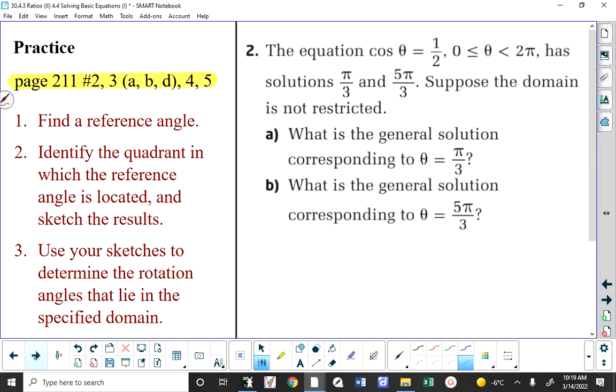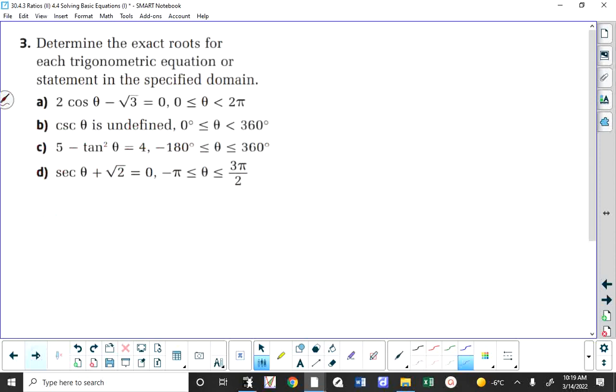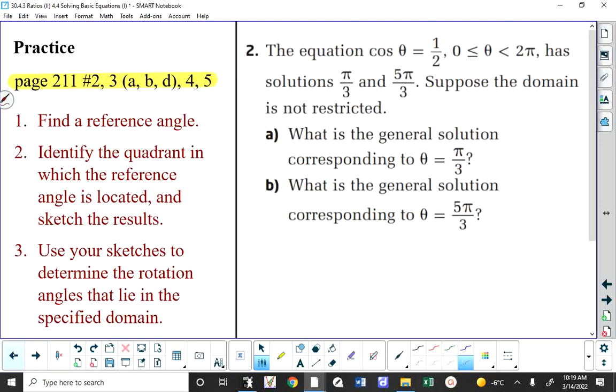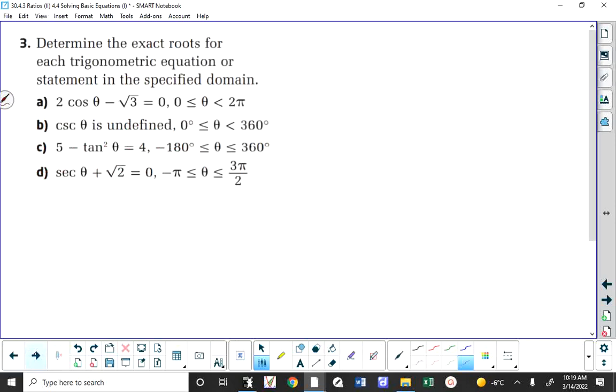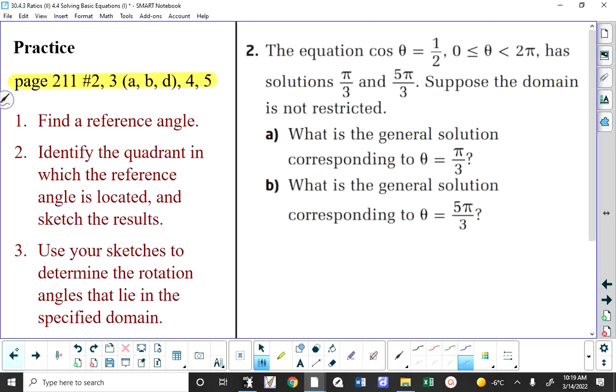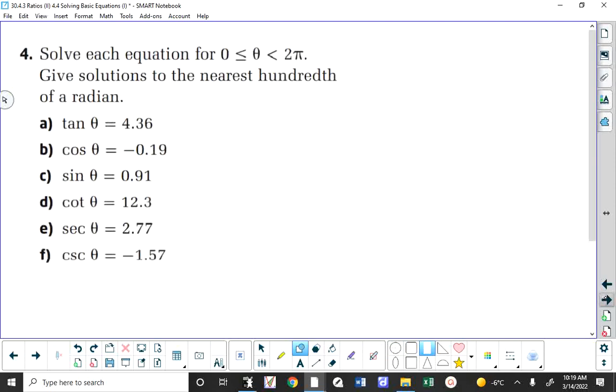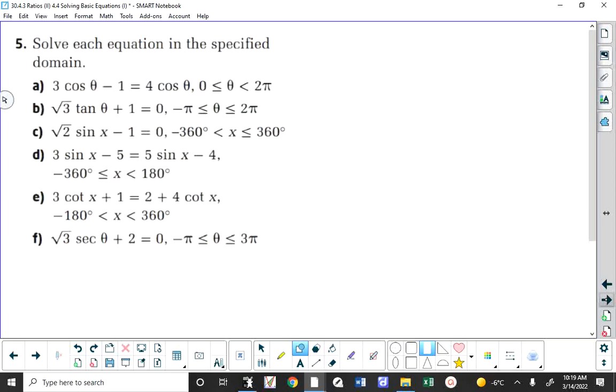So on page 211, number 2, 3, 4, and 5, notice that with number 3, actually, you know what? With number 3, just do A and B. And then 4 and 5, you know what I would say to you is if you can do 4 and 5, then you're a master at this stuff.